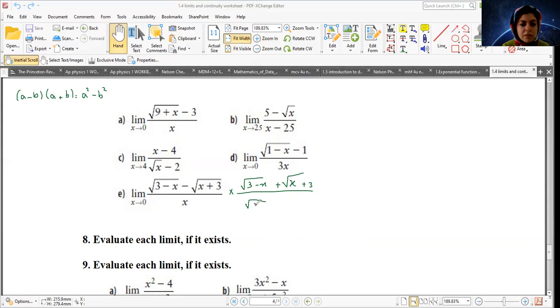Because I multiplied by something, I have to divide by the same thing. I don't want to change my equation. x plus 3. Now, multiplying these two is like (a minus b) multiplied by (a plus b). You have 3 minus x. I'll make sure I have my limit. Here, limit x goes to 0.